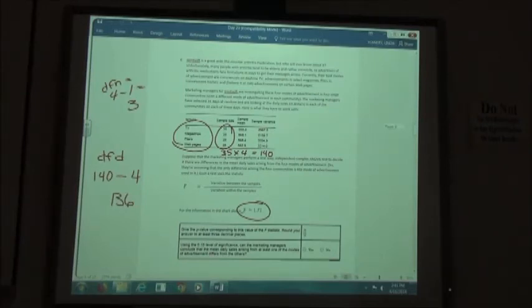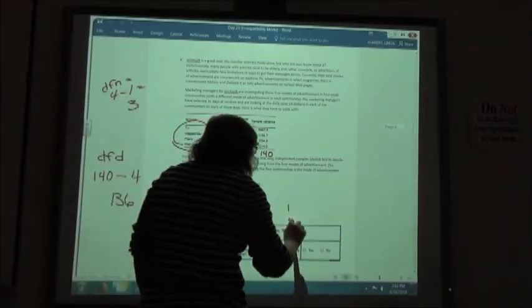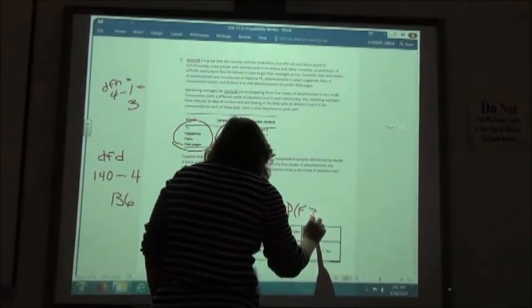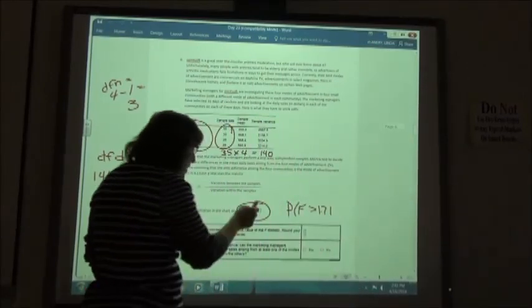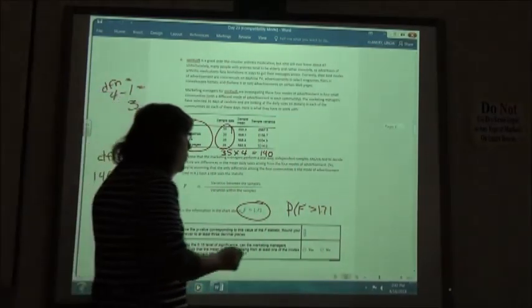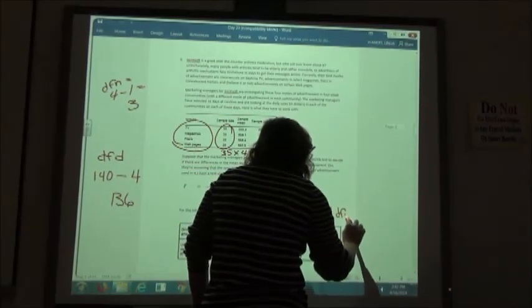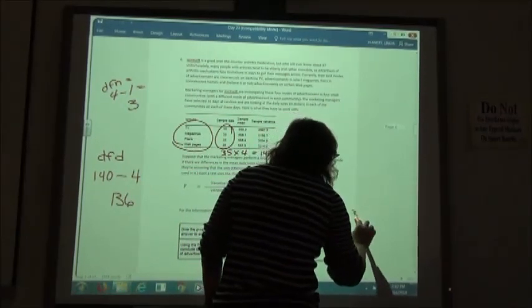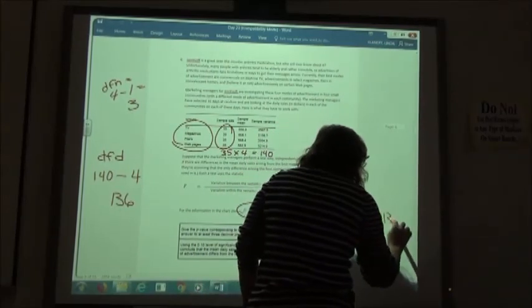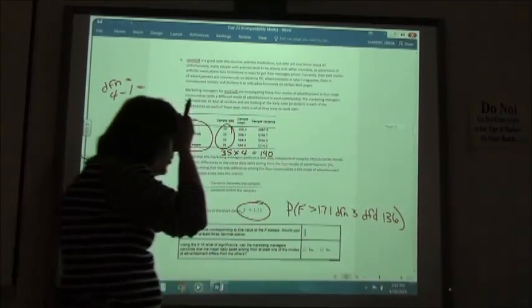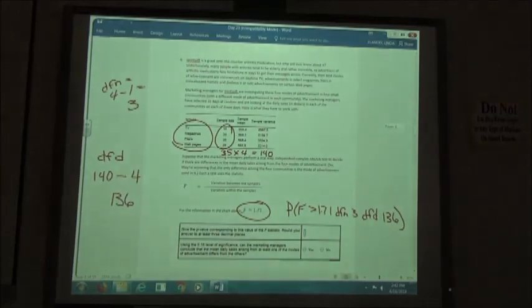So now I can calculate my P value for my F statistic. We're going to do P of F is greater than 1.71, which is our given value, with a degree of freedom in my numerator of 3 and a degree of freedom in my denominator of 136. Again, we need to put that in on our calculator.